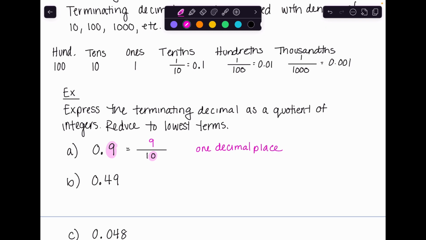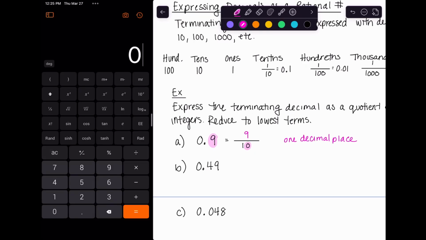So a single decimal place means I have a single 0 in my bottom. Then again, you could plug this into your calculator, but 9 divided by 10 does indeed give you 0.9. Moving on to this next one, it's 2 decimal places. So that means it's going to be out of 100.